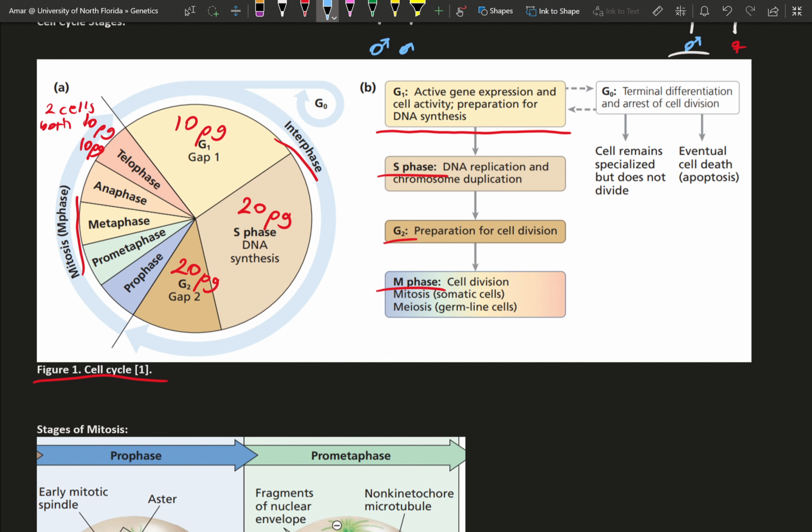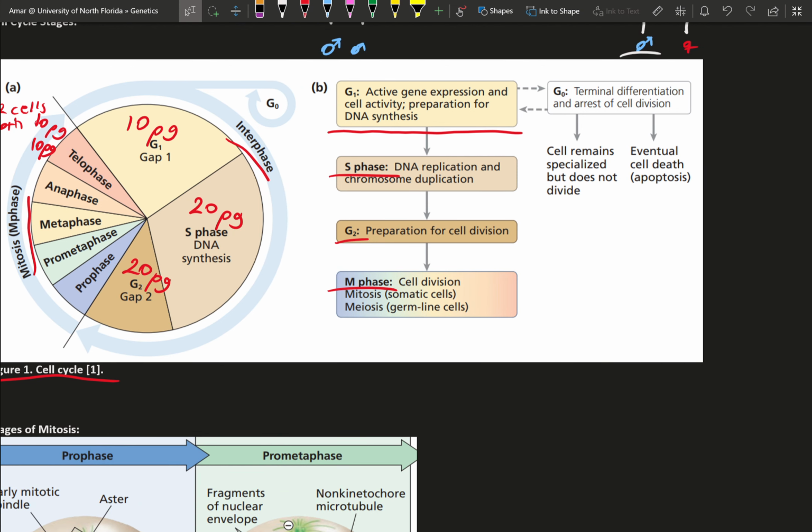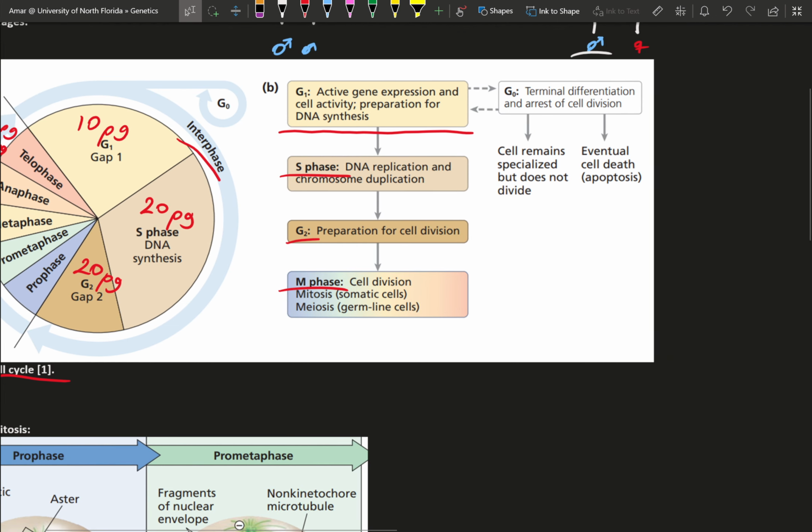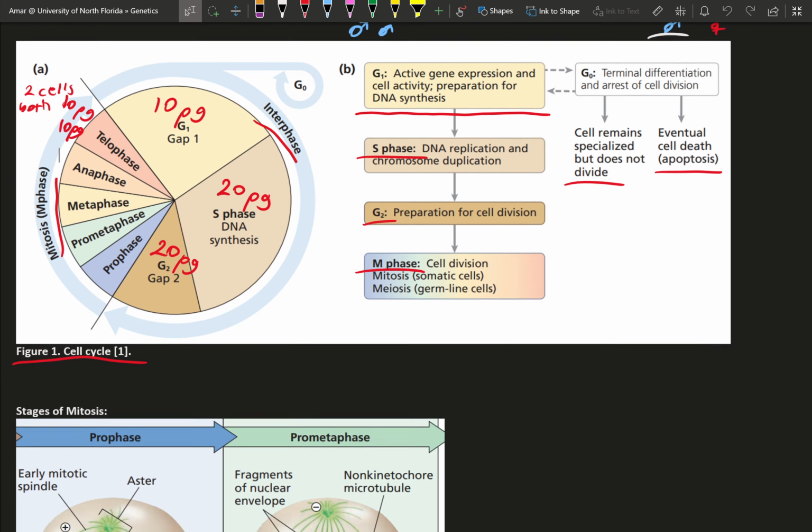Typically, if you do not pass a checkpoint, you're going to end up going into G0, where the cell is going to undergo programmed cell death, apoptosis, or maybe the cell was supposed to enter G0 and remain specialized or differentiated. So that's basically the cell cycle.